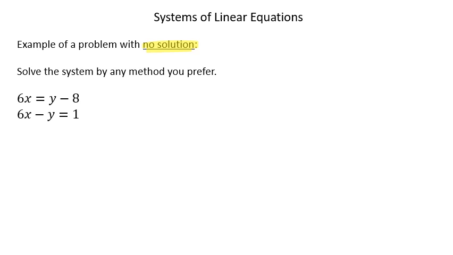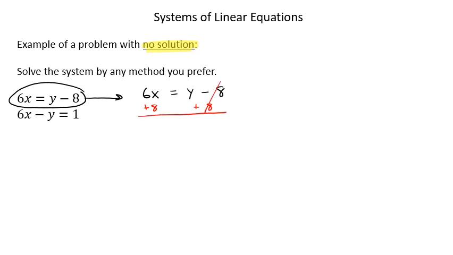So I'm going to take this first equation, which is 6x equals y minus 8. I'll solve for y because it's pretty easy to do. It's just one step. If we add 8 to both sides, the 8's cancel on the right. So now I have y is equal to 6x plus 8.